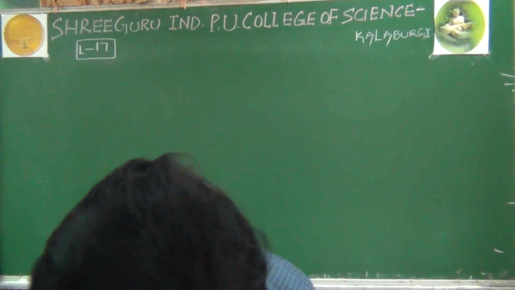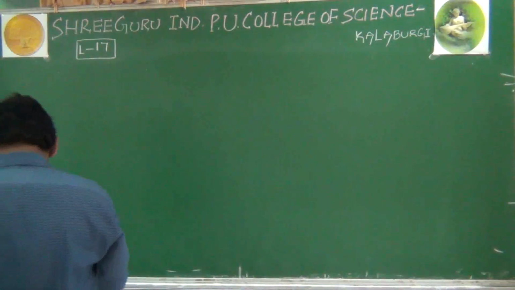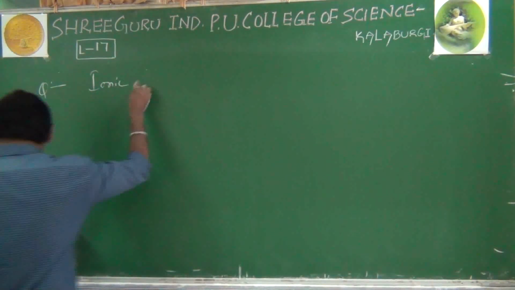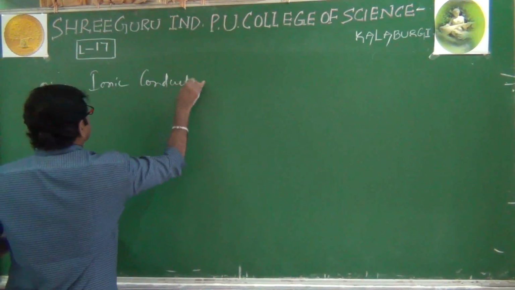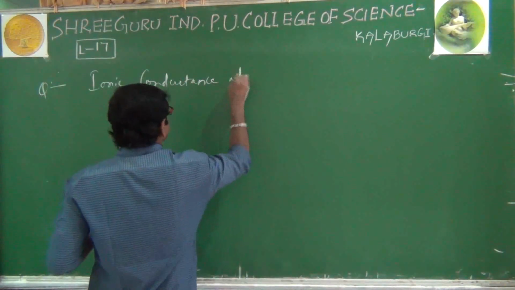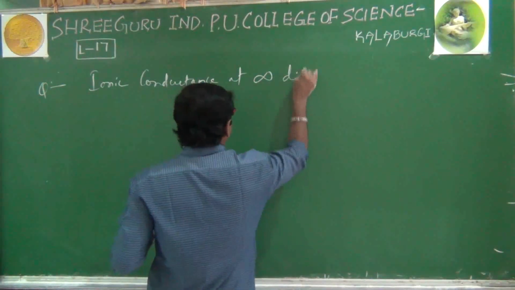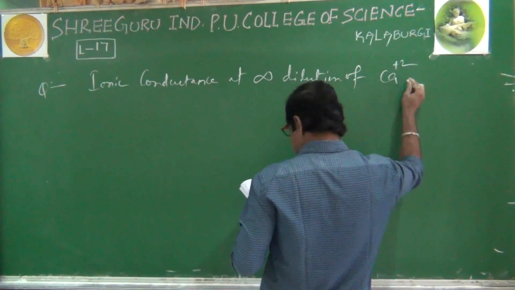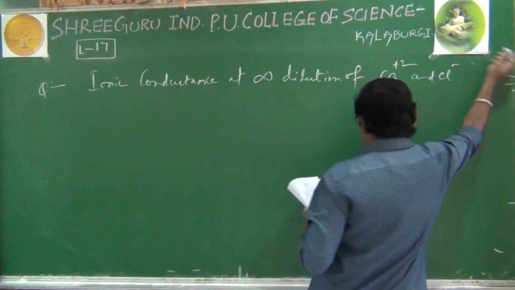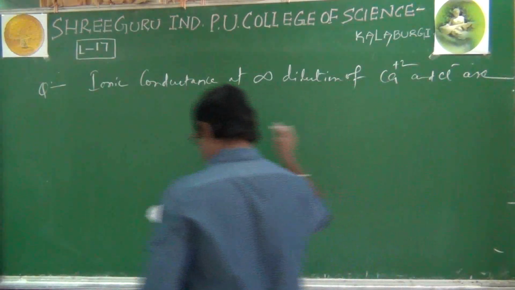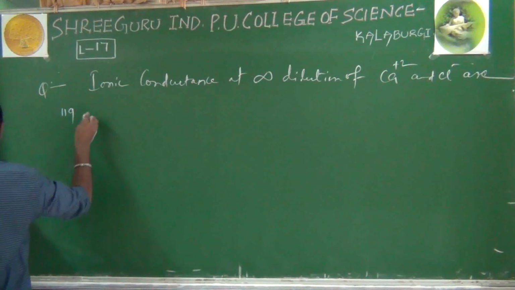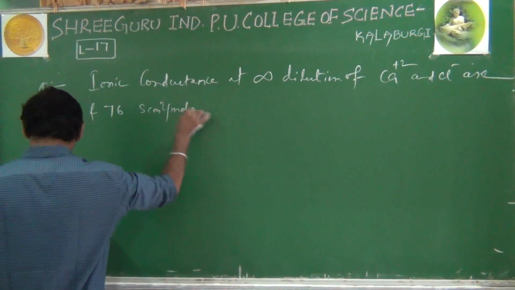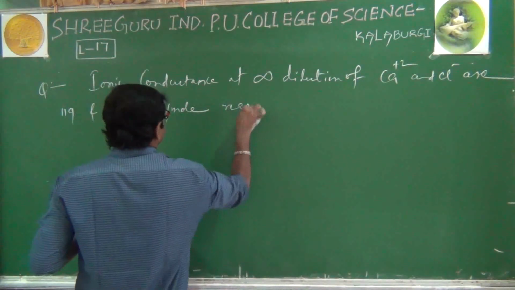Next question is like this. Ionic conductance at infinite dilution of Ca plus 2 and Cl minus are 119 and 76 Siemens centimeter square per mole respectively.